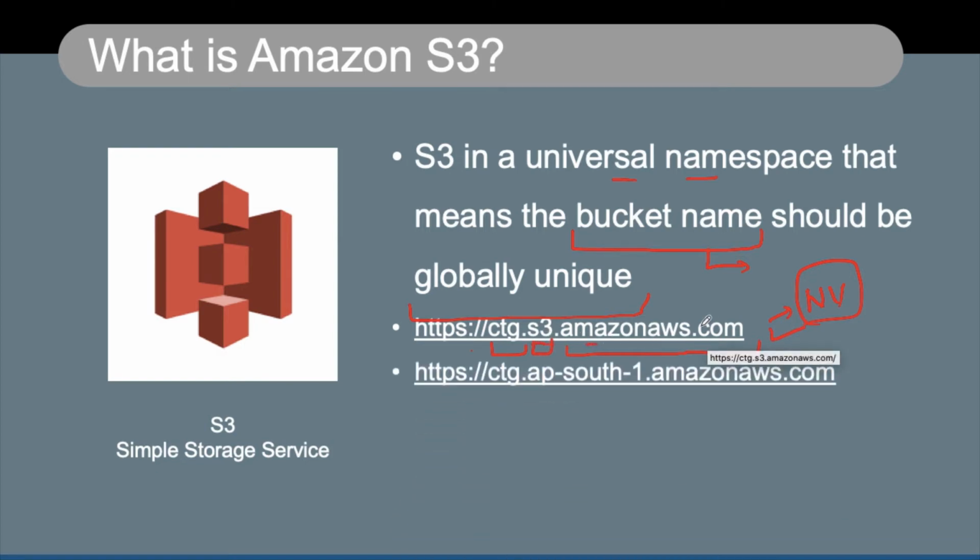However, if you are creating this bucket in some other region, you will have ctg dot the name of the region and amazonaws.com. So there is a difference. If the bucket is created in the Northern Virginia region, it will have s3.amazonaws.com, but if it is in another region, it will have the region ID as well as amazonaws.com with the bucket name.